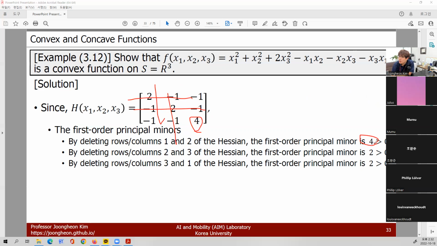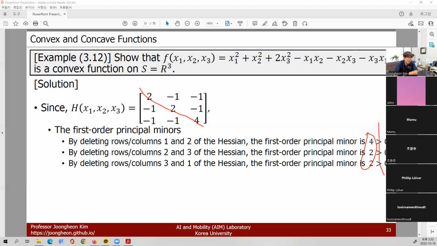Eventually it is the same as taking the diagonal entries: 2, 2, 4. Now you observe that everything is positive. Then at least you can confirm that this is not concave, because in a concave function the first order principal minors should be negative, but these are all positive. That's why this function is at least not concave.